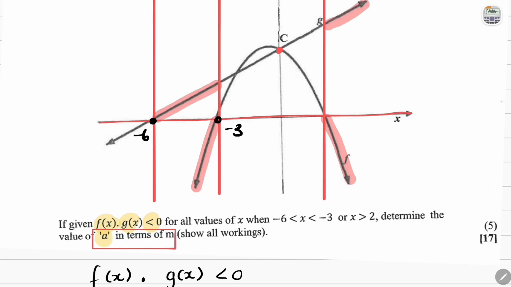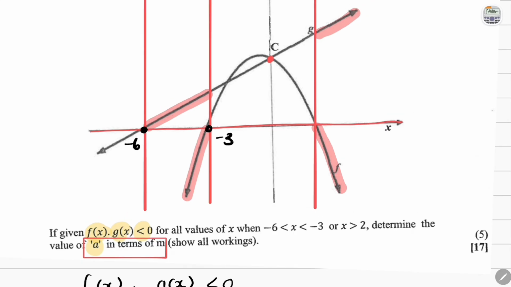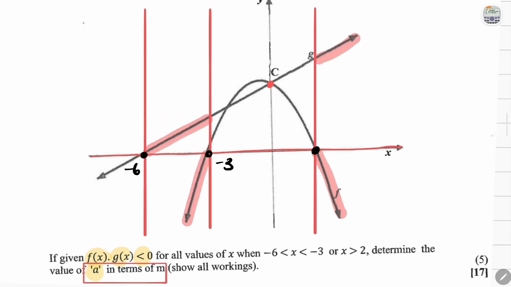See, it meets this criteria for values that are greater than -6 but less than -3. And then this x is greater than 2. That's this point over here. Okay, there's 2. And then this is where the x values are greater than 2. You see, that's where it meets this criteria again. Okay, all of these values.